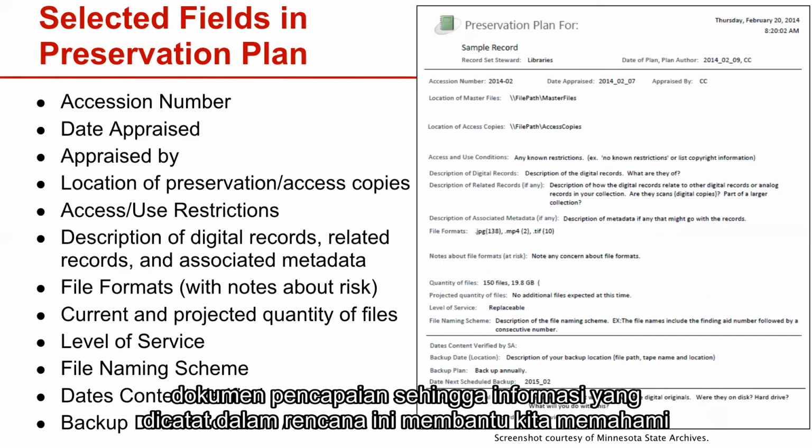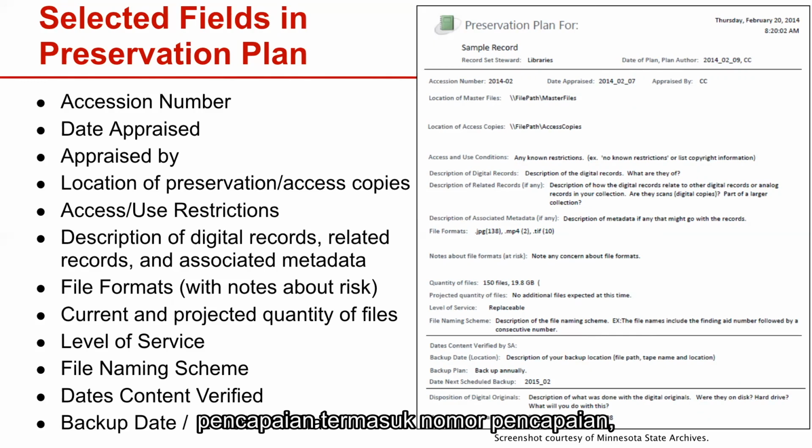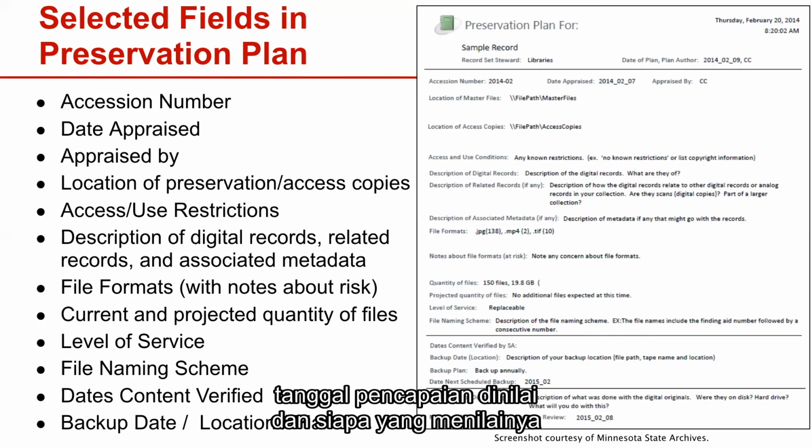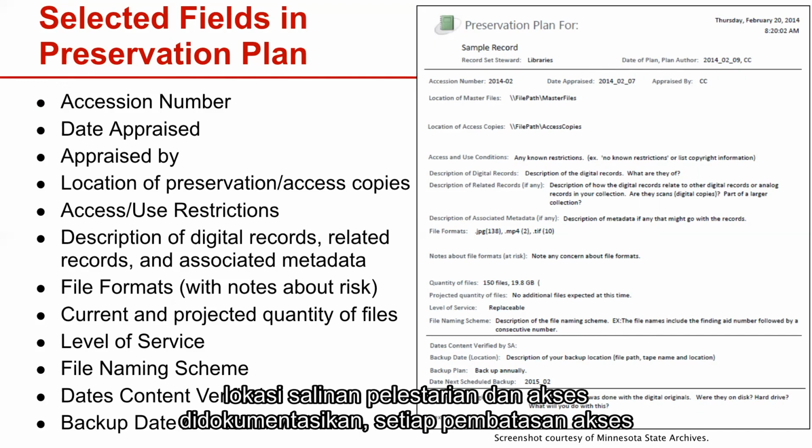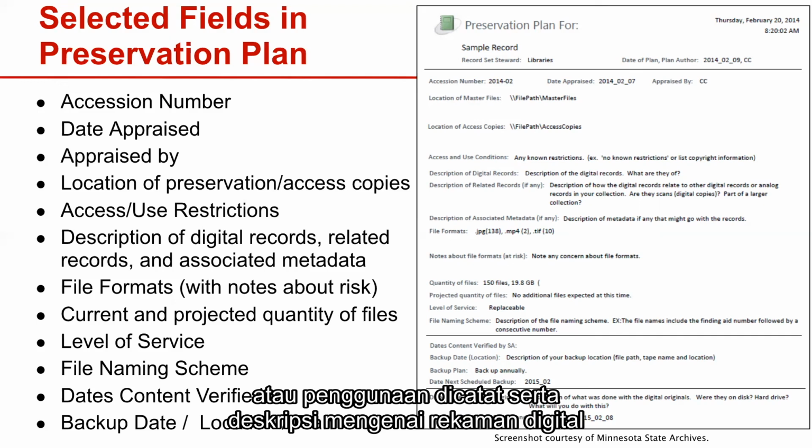Information that's recorded in this plan helps us understand the accession, including the accession number, the date the accession was appraised and who appraised it. The location of the preservation and access copies is documented. Any access or use restrictions are recorded.